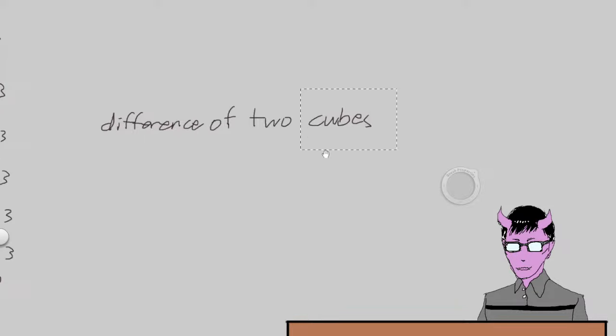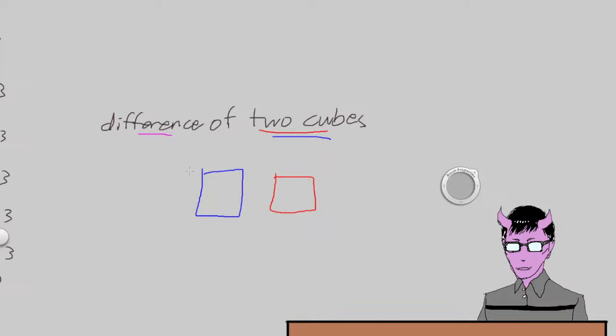So similarly to the difference of 2 squares, there's going to be cube number 1, and then there's going to be cube number 2. Difference of, so it's minus. So thus, the first one is going to be a perfect cube, like x cubed. Easy example. And then the second cube might be something like 8.